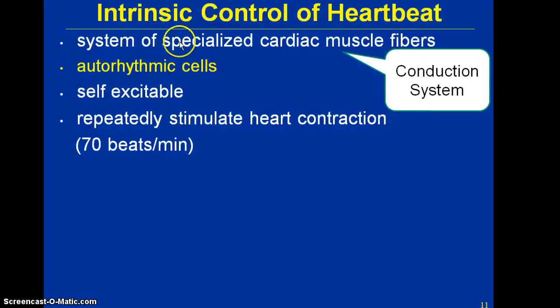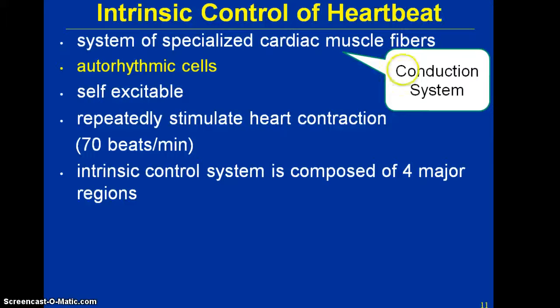This intrinsic ability of the heart to control its own rate is due to the conduction system. The conduction system is groupings of specialized cells that are able to generate action potentials that cause the heart muscle to contract on its own.